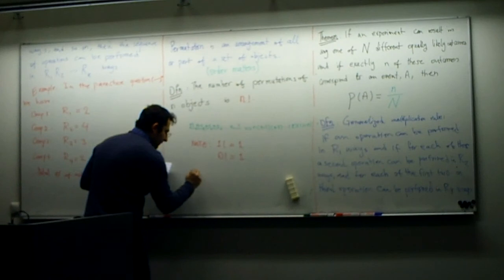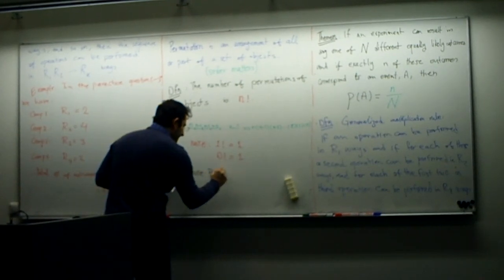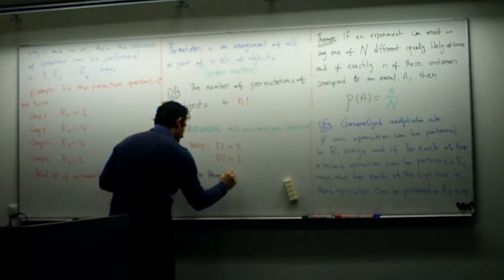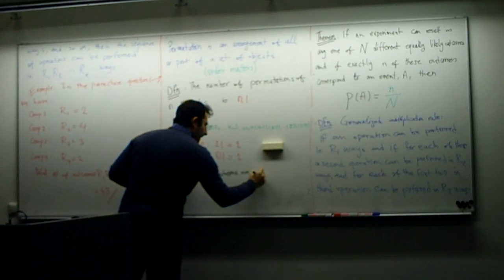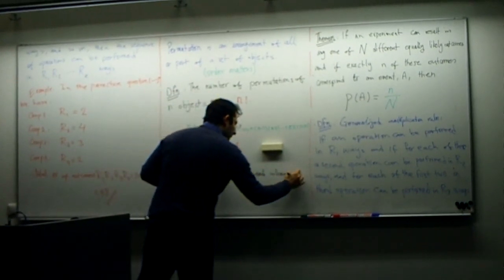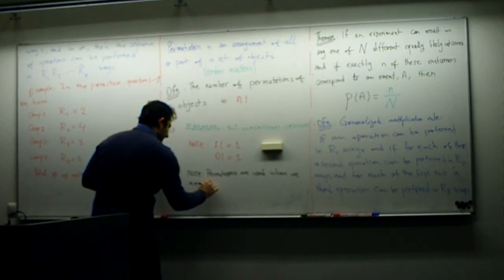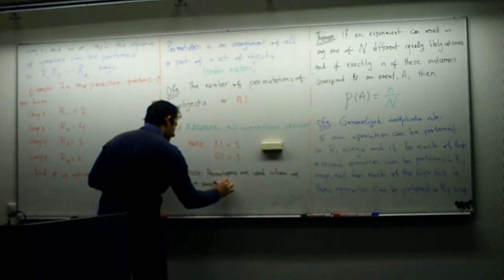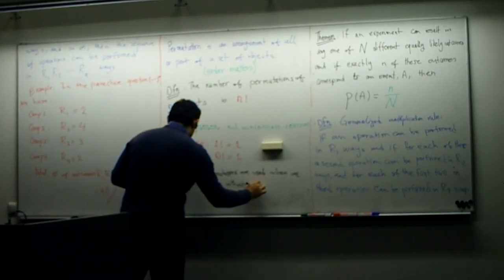Another smaller note. Permutations are used when we are sampling without replacement.